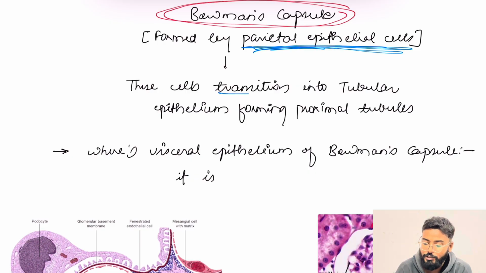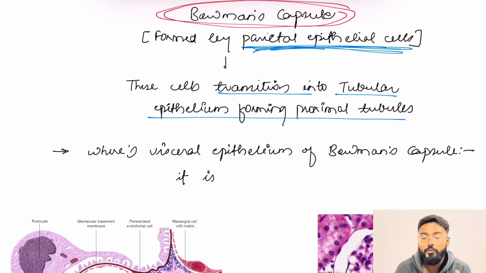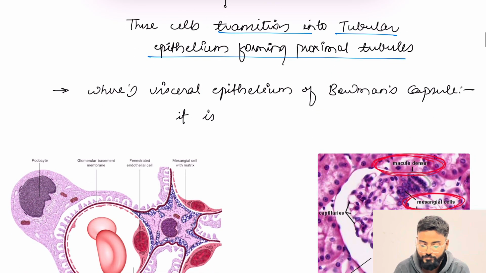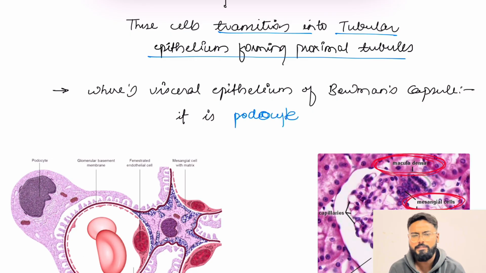Now see, where is the visceral epithelium of Bowman's capsule? It is your podocytes. Podocytes are said to be the visceral epithelium, and the parietal epithelium is going to form the Bowman's capsule.